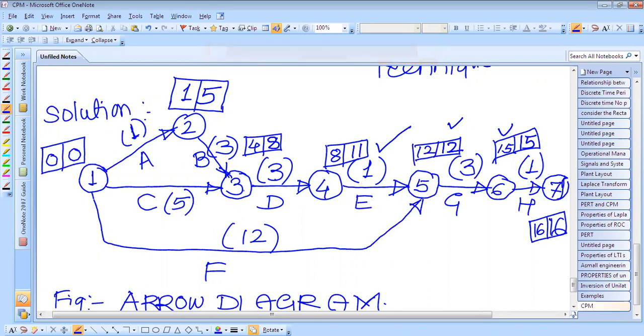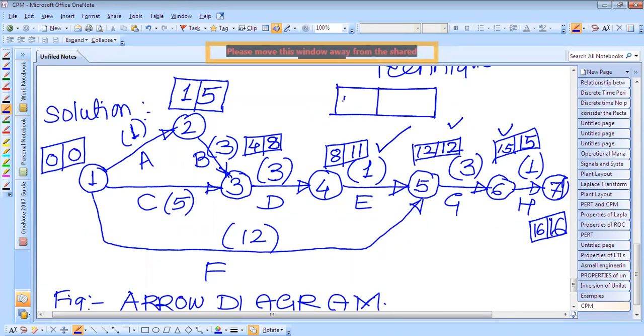Now the earliest start time and latest finish time we have calculated for each and every activity, and we have shown this on this table. Now our next step is to prepare the analysis table.